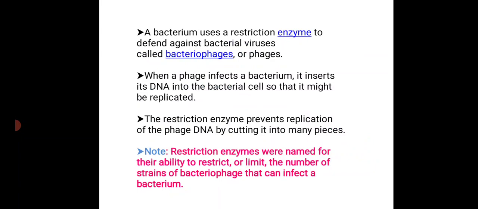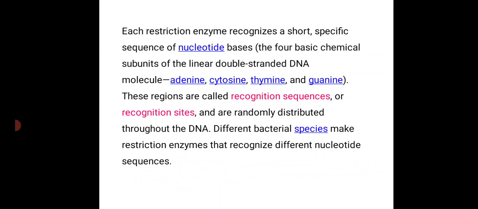Each restriction enzyme recognizes a short specific sequence of nucleotide bases, the four basic chemical subunits of the linear double-stranded DNA molecule. What are those? Adenine, cytosine, thymine, guanine: A, T, G, C. These regions are called recognition sequences or recognition sites and are randomly distributed throughout the DNA.